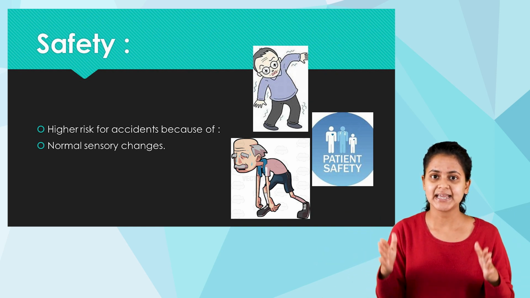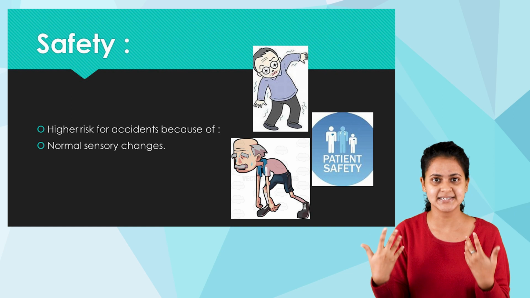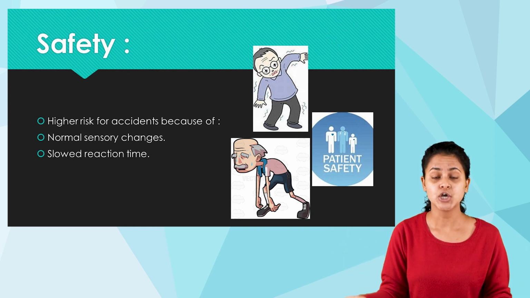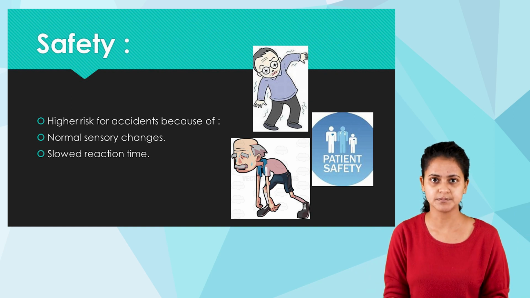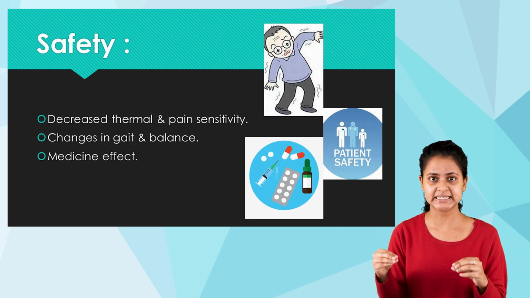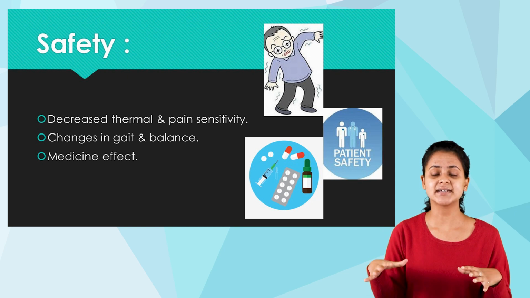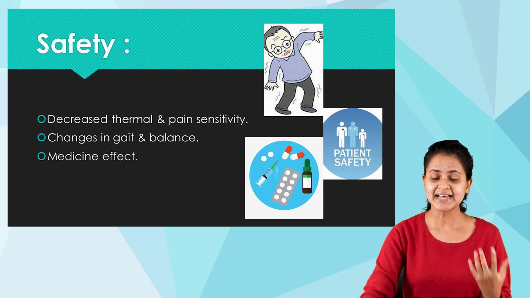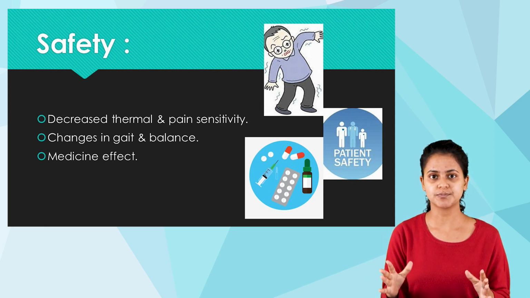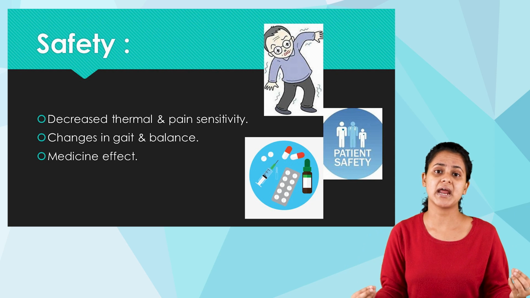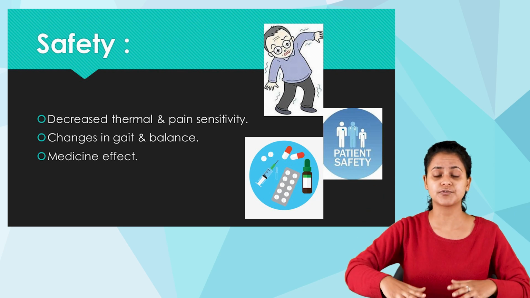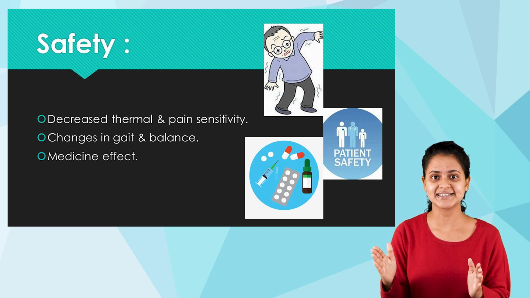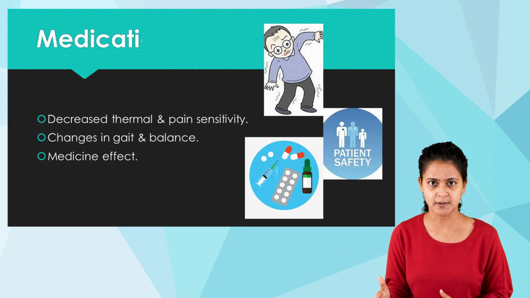That's the reason there is a higher risk for accidents because of the normal sensory changes, slowed reaction time, decreased thermal and pain sensitivity, changes in gait and balance, and medication side effects. That's the reason why nurses should be very well aware and very focused to provide a safe environment so that physical accidents can be minimized here.